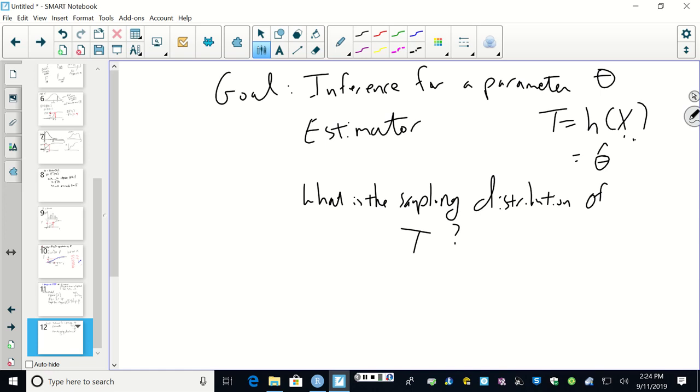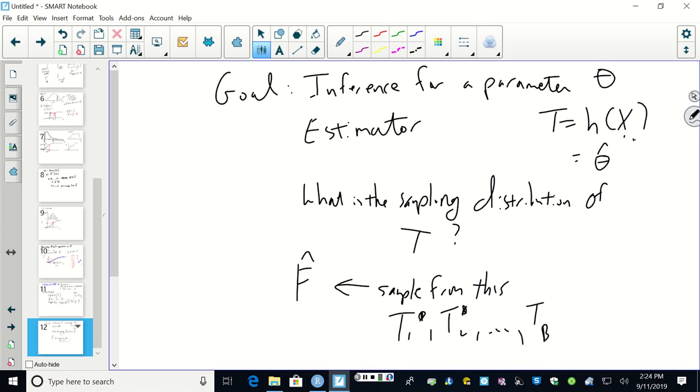And so we're going to approximate the CDF, and then we're going to sample from this and get a bunch of different values of the statistic from that sampling distribution.